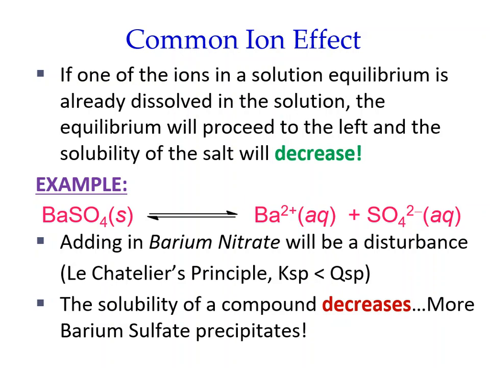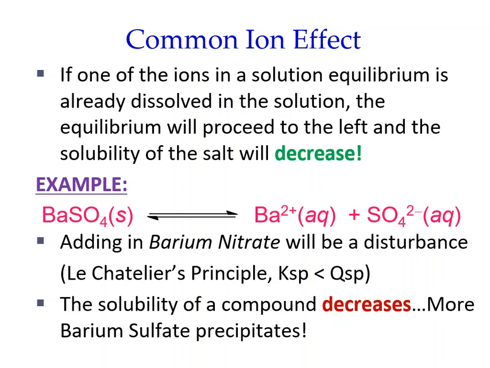Okay, quick recap. So lead this into part B of exercise 2 here. The common ion effect: remember, the common ion effect is where you're adding or trying to dissolve a substance in something that already has one of those ions in solution.